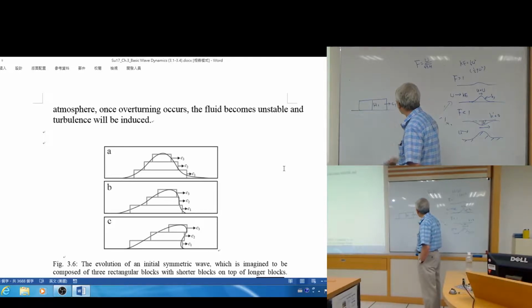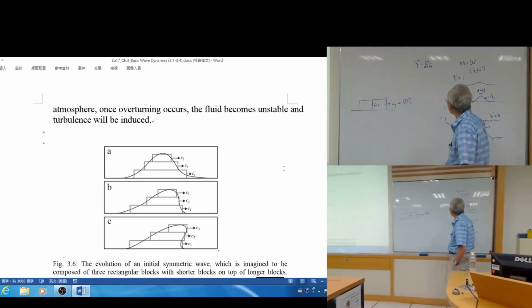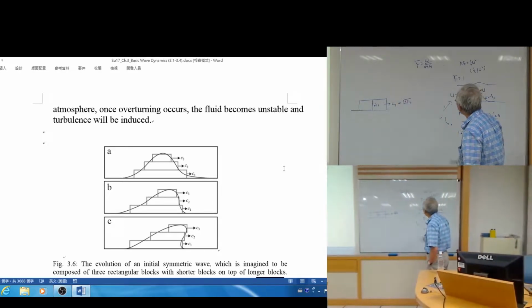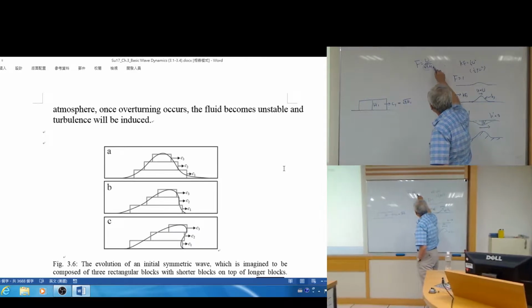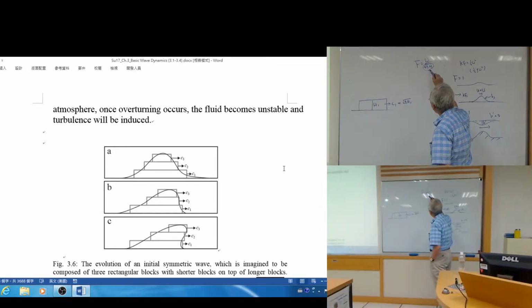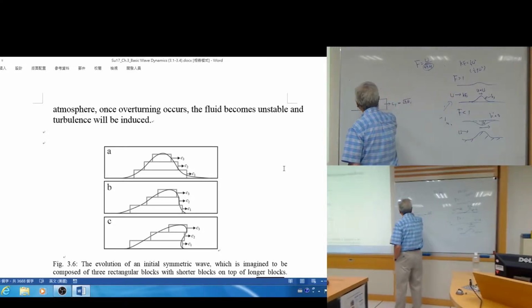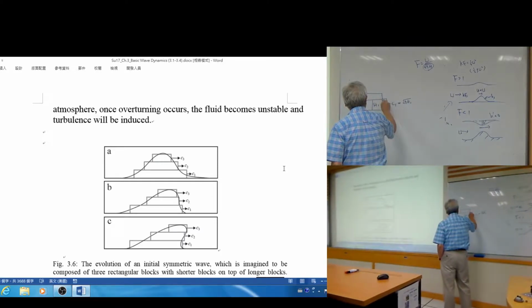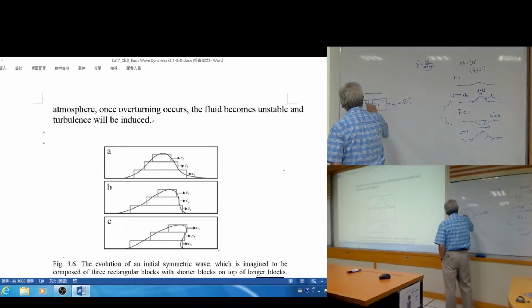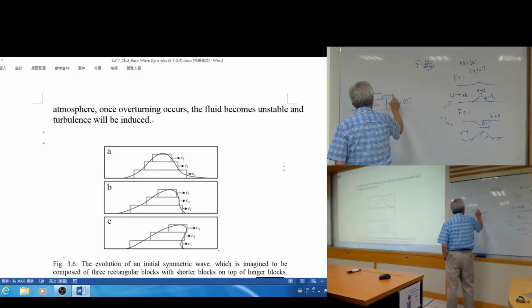Okay, C1 will be equal to this. This is called shallow water wave speed. And now, if on top of it you have H2, then C2 will be equal to what? Square root of g H2.